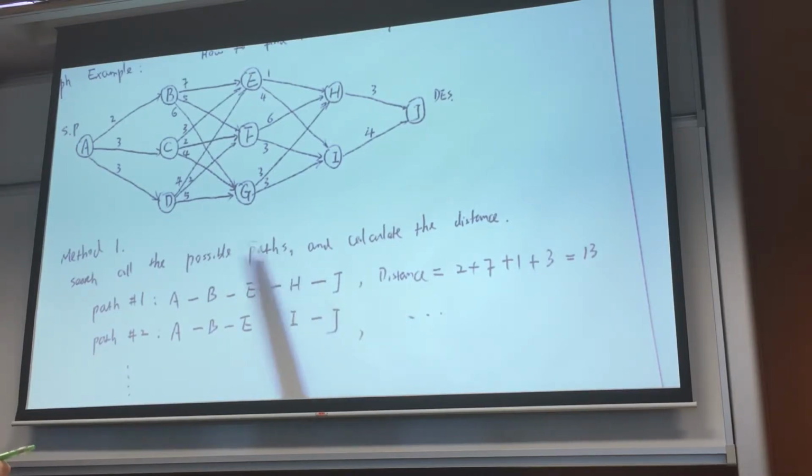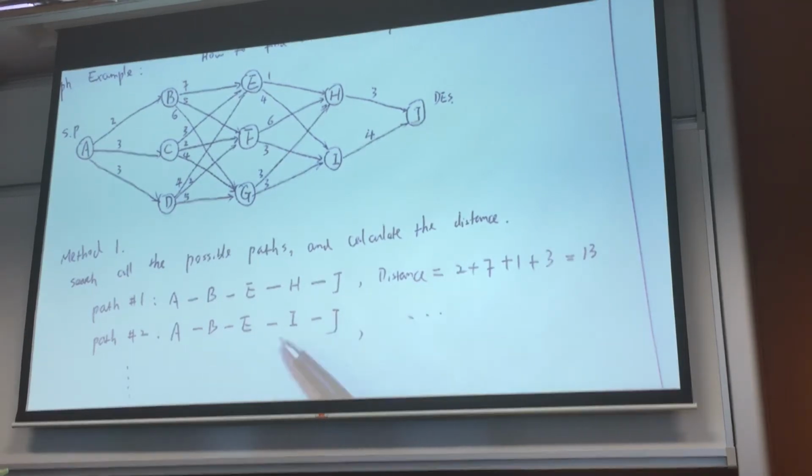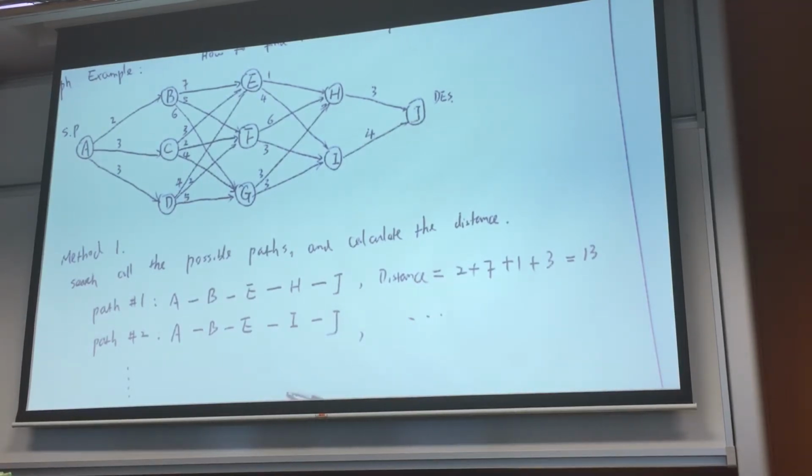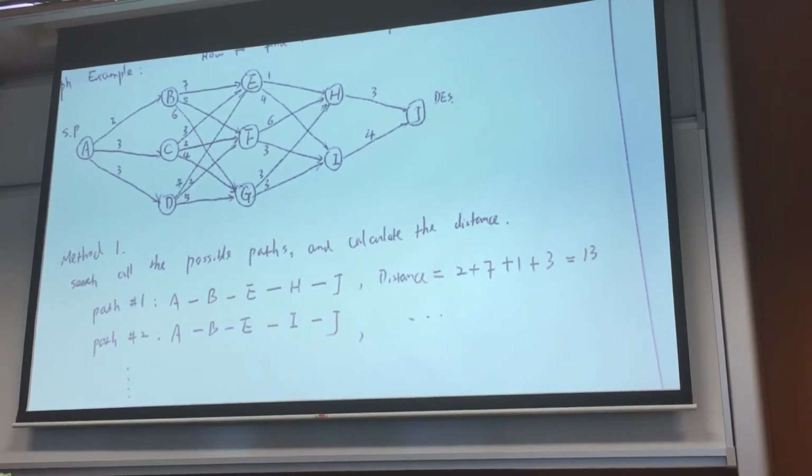This is actually the technique that we used before. In the second assignment, we tried to use a method like this. You find all the potential solutions, then compare which solution is the best, which gives you the optimal path.